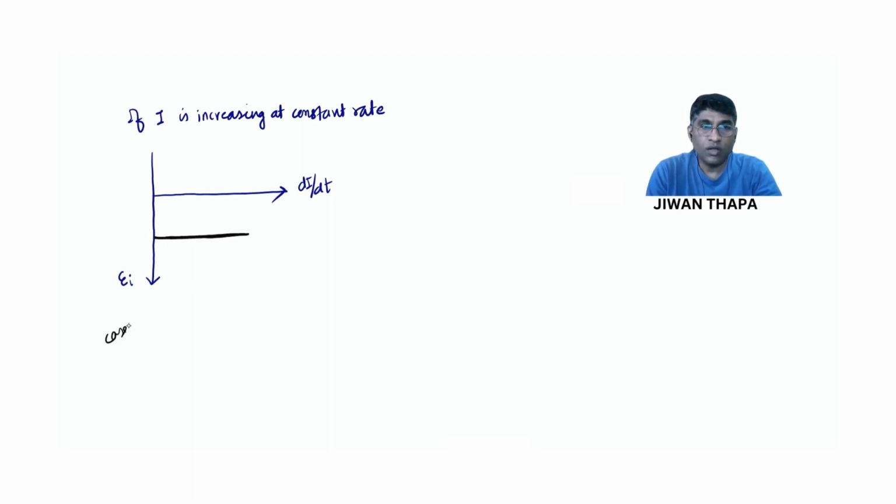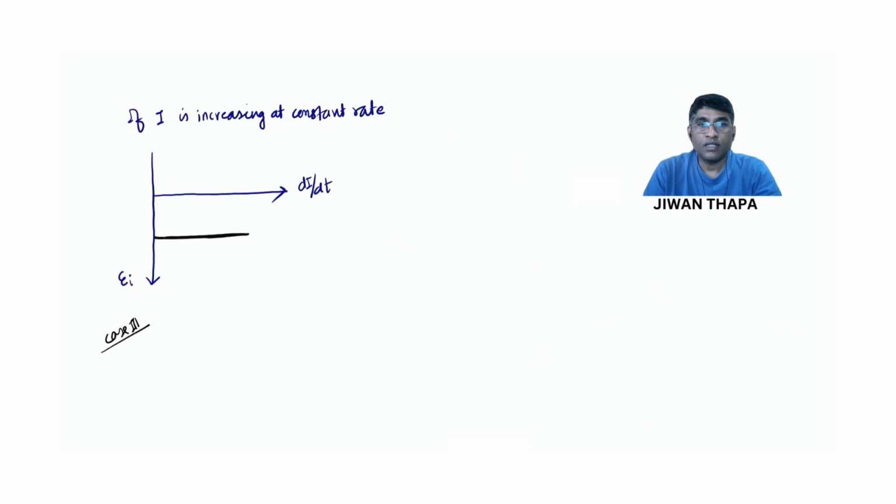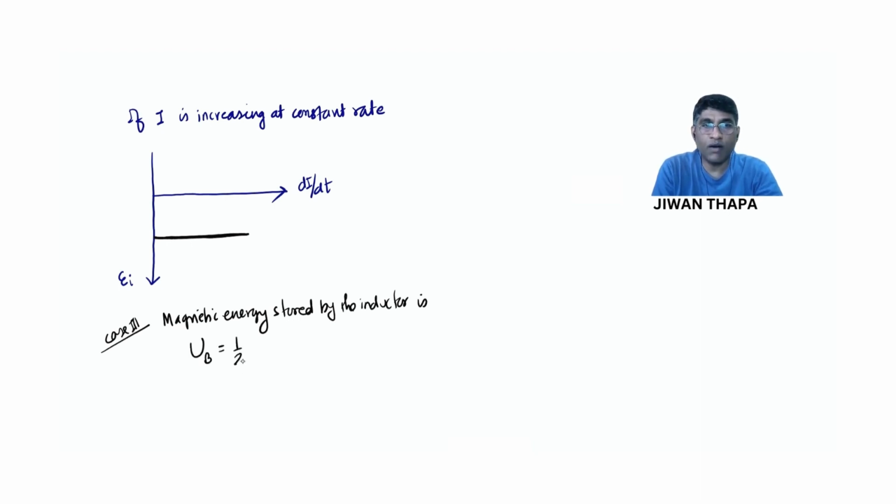Now, case 3. We are asked to plot magnetic potential energy stored versus the current. And we know the magnetic energy stored by the inductor, denoted by the symbol UB, equals half L I square.